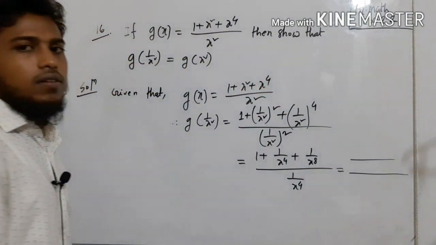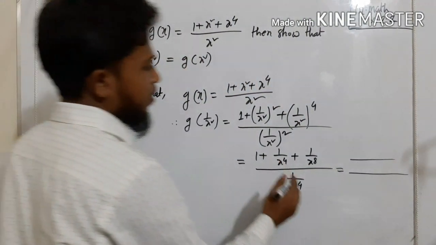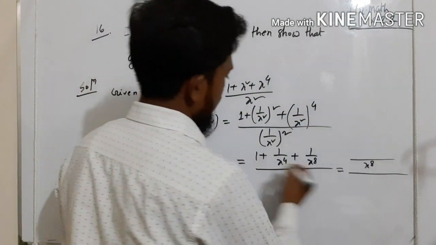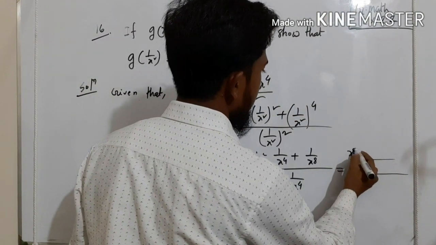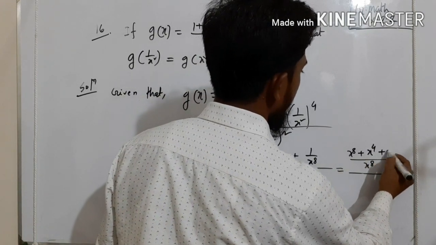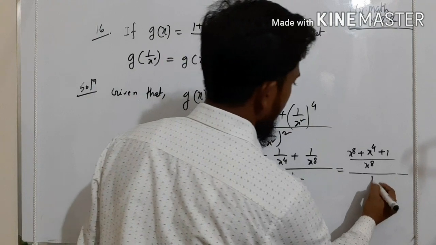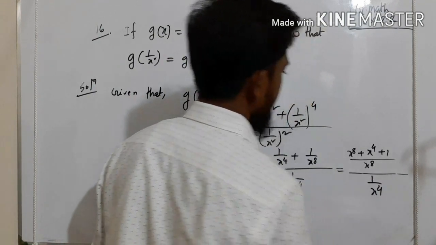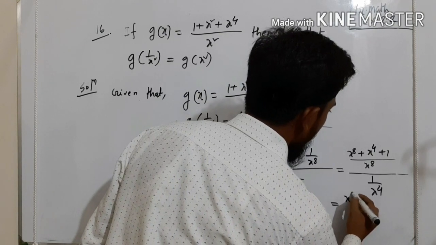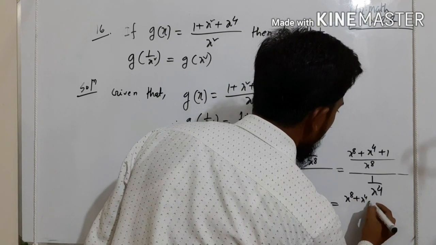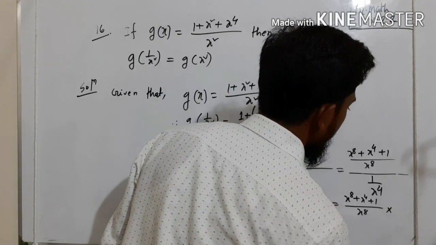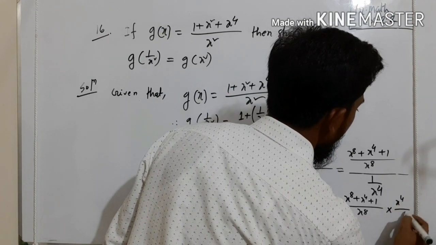If we take LCM x power 8, here we get x power 8 plus x power 4 plus 1 divided by 1 by x power 4. So finally we can write x power 8 plus x power 4 plus 1 divided by x power 8 into x power 4 divided by 1.